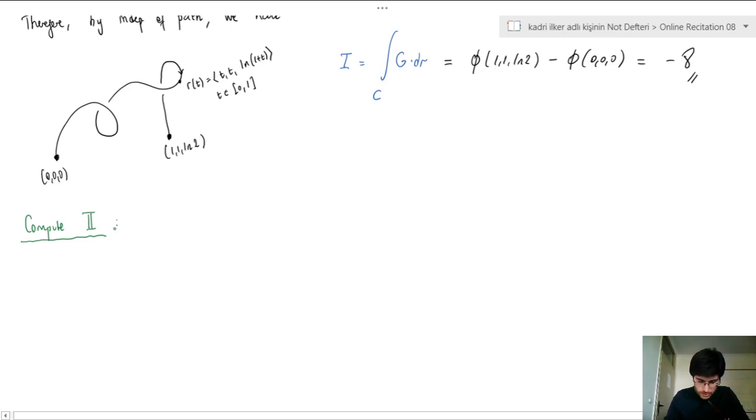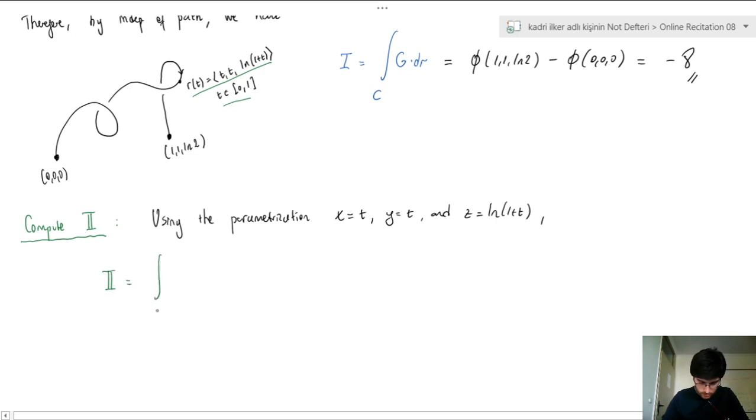Actually, we just use the parametrization over here. Using the parametrization, x will be t, y will be t, and z will be ln of 1 plus t. And then let's see what we have. Our second integral, the green one, is just the integral of this term.